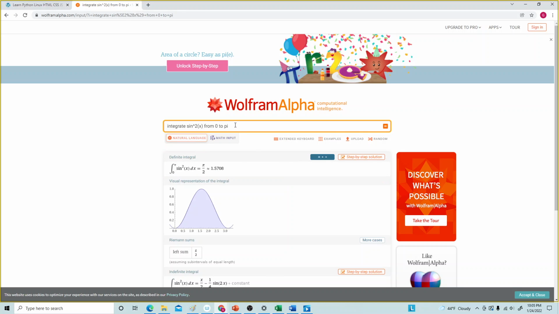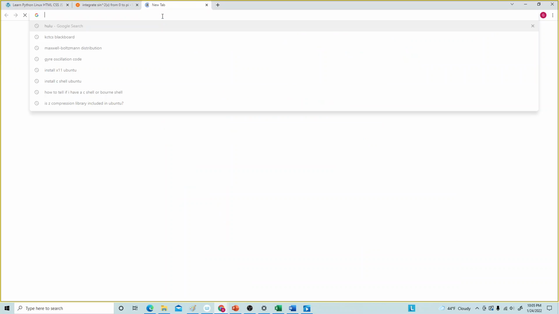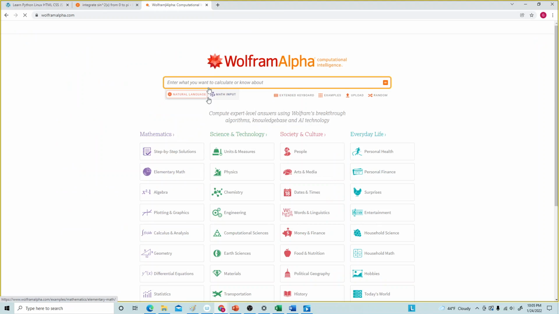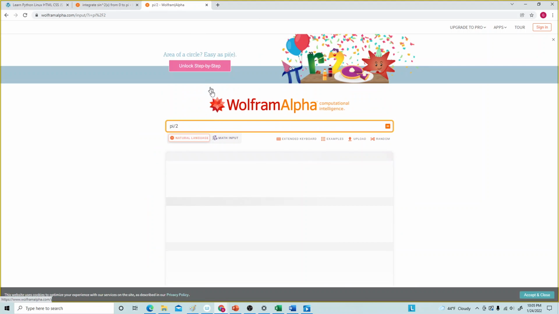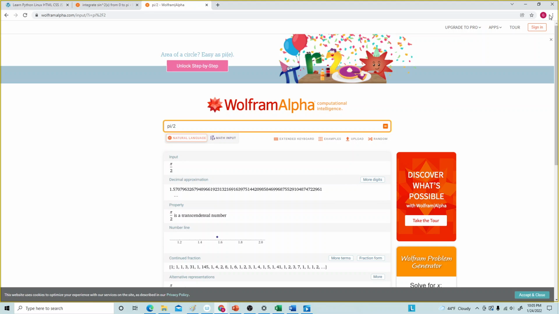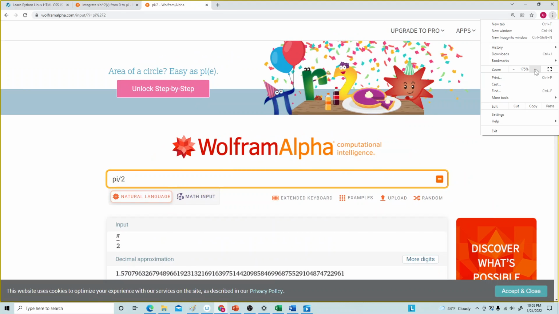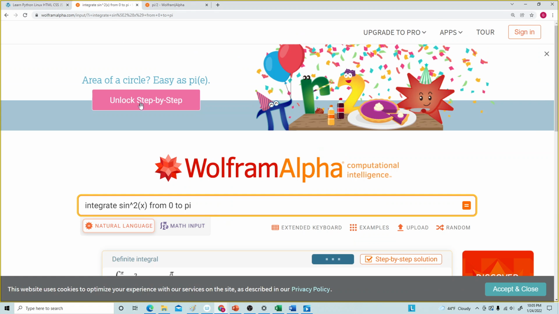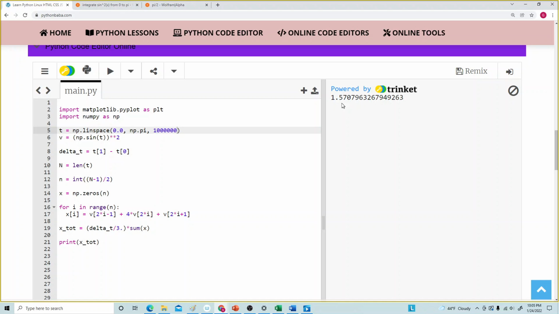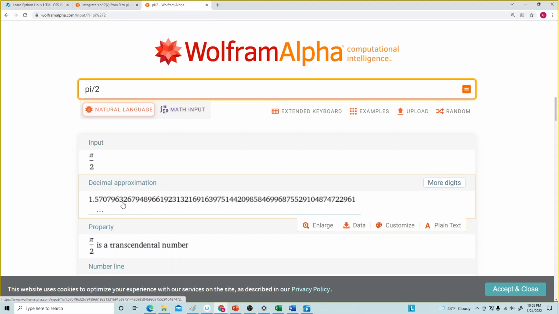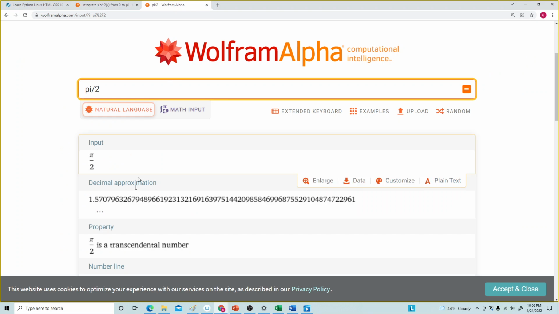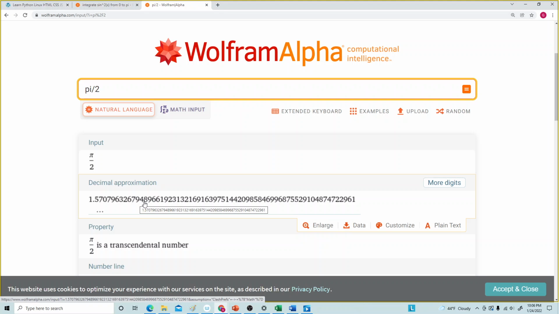I'm not sure what is taking so long here. If we simply do this, and let's just take pi divided by 2, it might be hard to see, so we'll zoom in here. 1.570796 326 79 49 48.